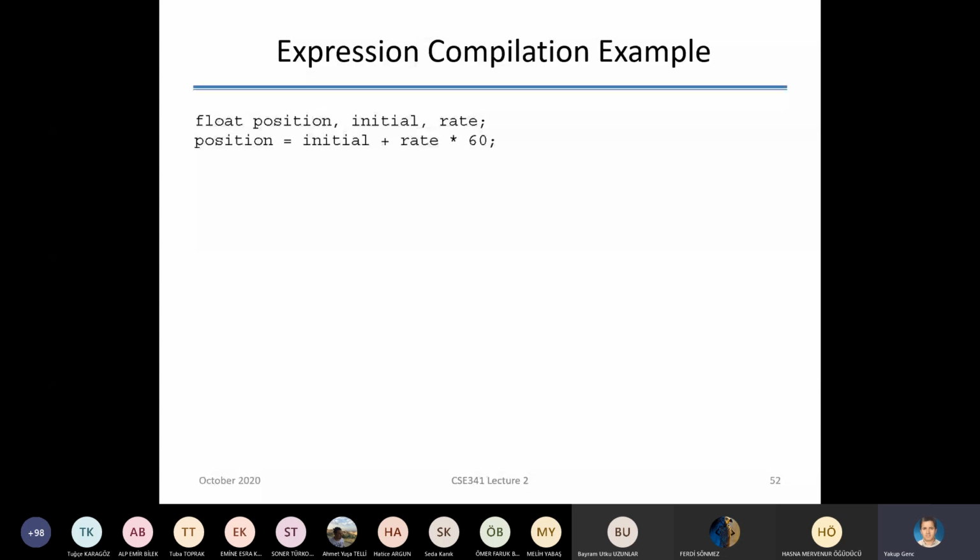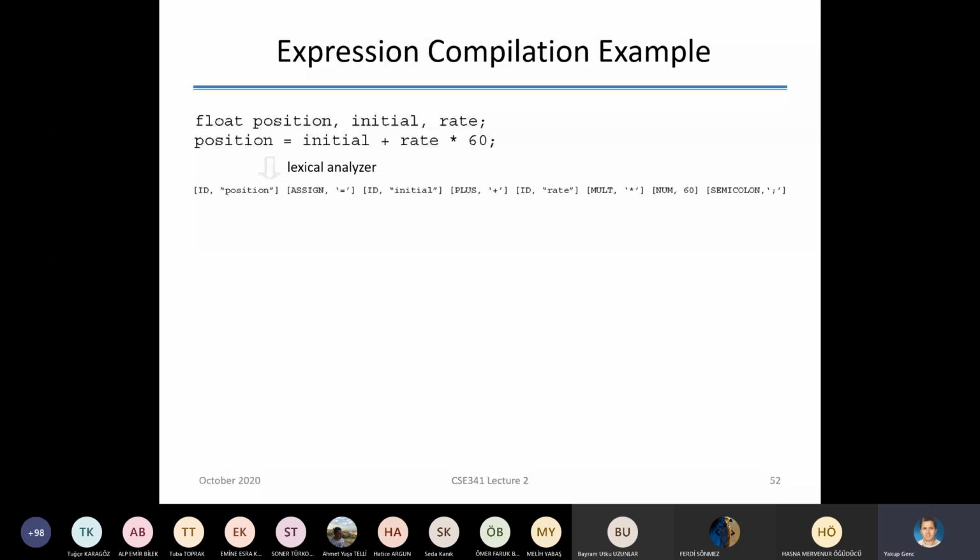So let's look at an example. If I have an expression like this, again, we are talking about concrete syntax and abstract syntax in the context of an expression only. So this has to be done later on. We are going to see that we need to do this for everything, right?